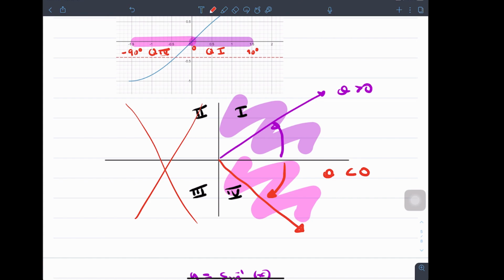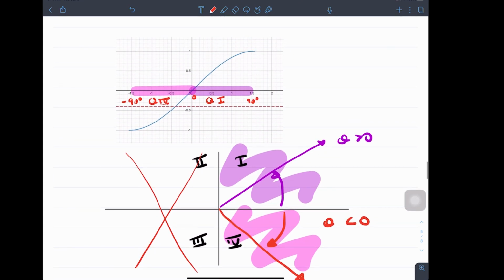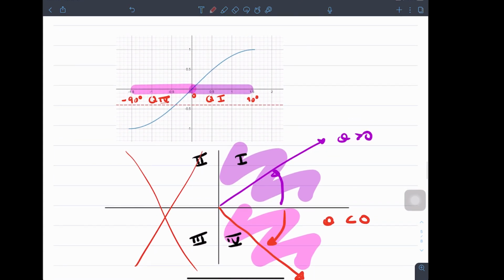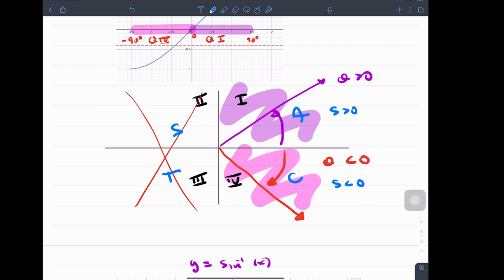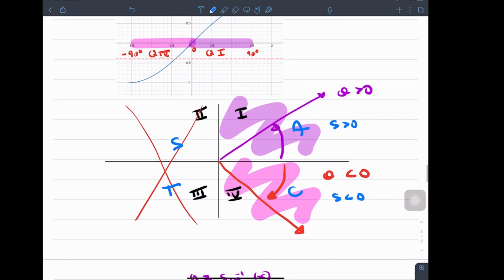So this is why theta is negative pi over 6, because you threw out quadrants 2 and 3. All students take calculus. What that means here is sine is positive, and here sine is negative. So the negative angles are going to be associated with the inverse sine function. When you use inverse sine, you have negative angles, because the positive angles don't work.